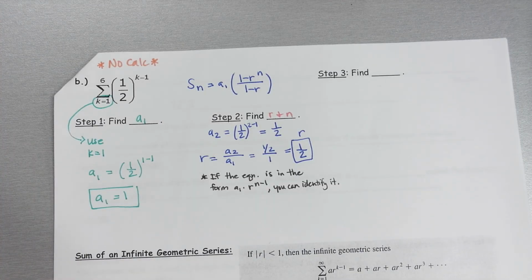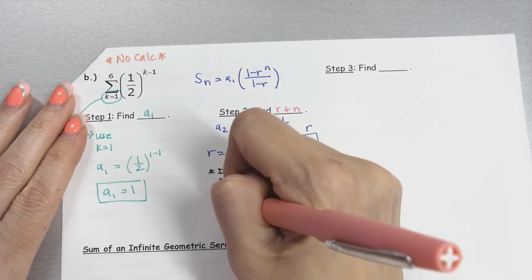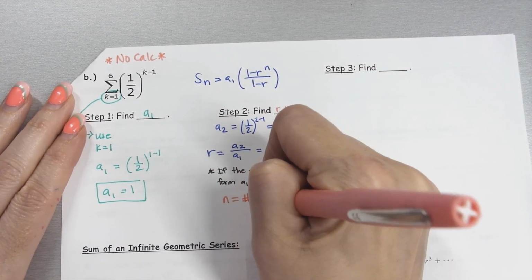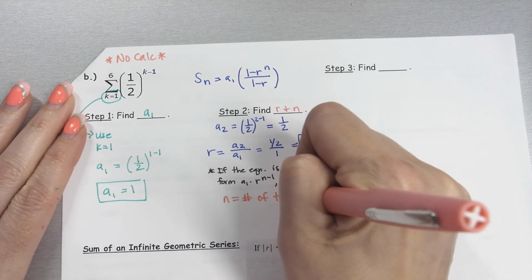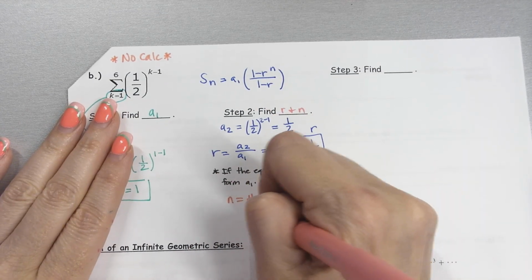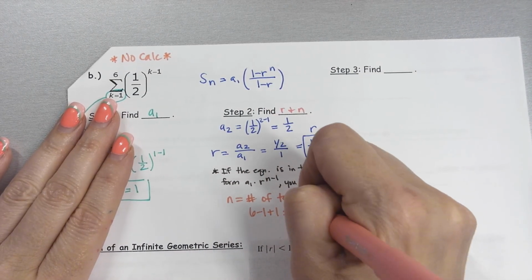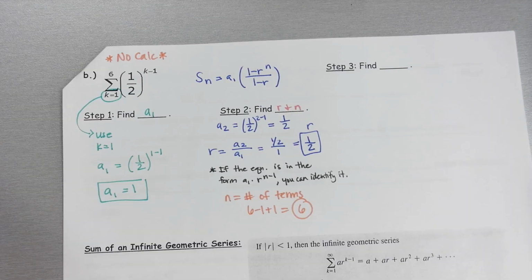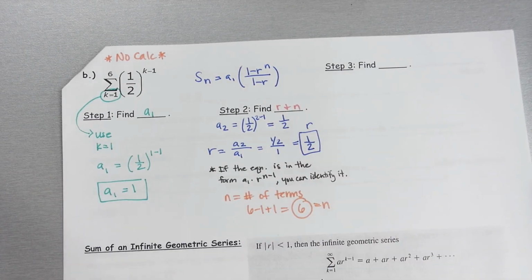Alright, and then remember that the value of n is equivalent to the number of terms. So if you have a summation notation, you can just do 6 minus 1 plus 1. So that's your value for n.